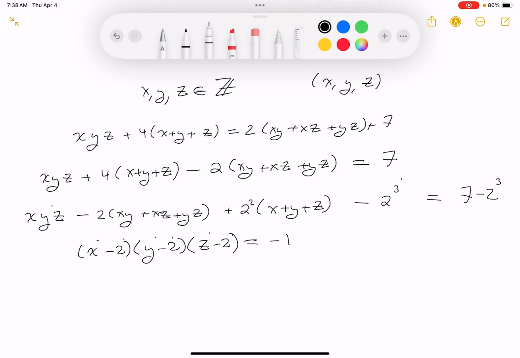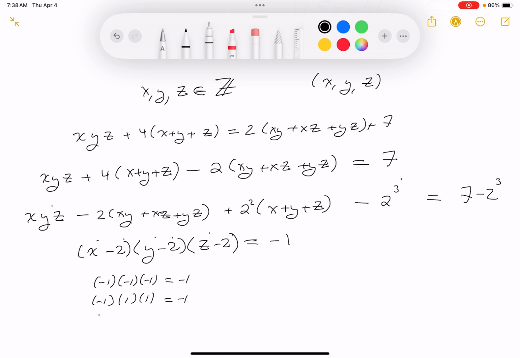So then I'm looking at this thing over here, and I'm wondering how I can make that minus 1. And there's a possibility for that. I could have minus 1, minus 1, minus 1. That would equal minus 1. What else could I have? Let's be careful about this. I could have minus 1, and then 1 times 1. That also equals minus 1.